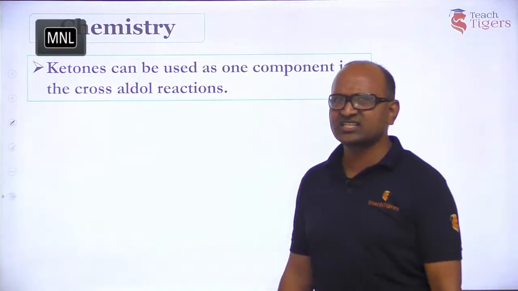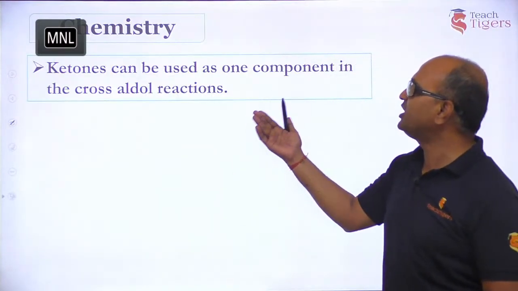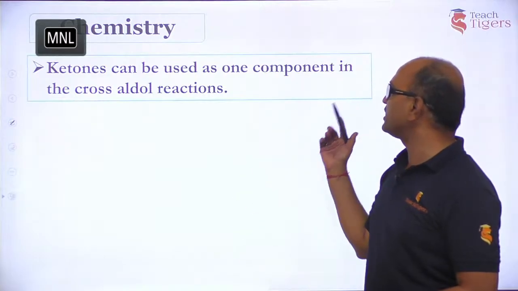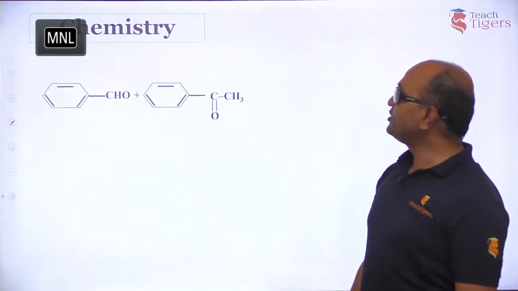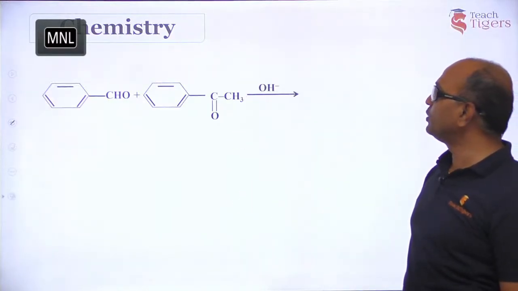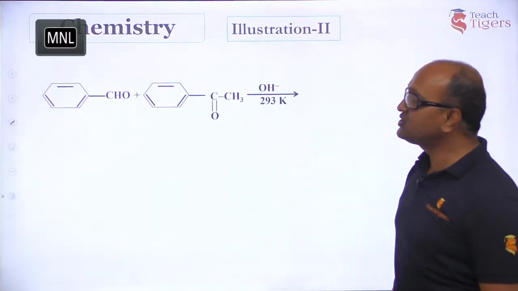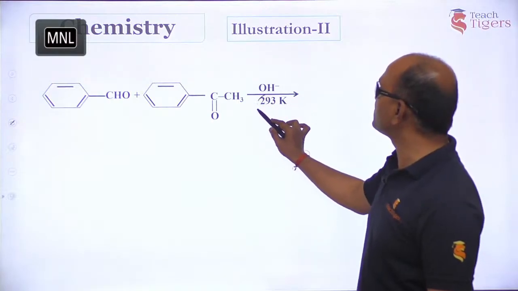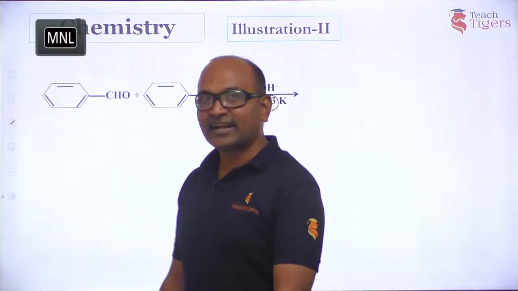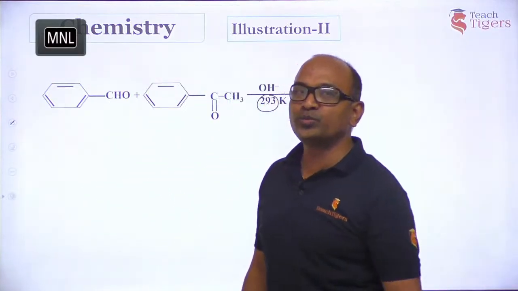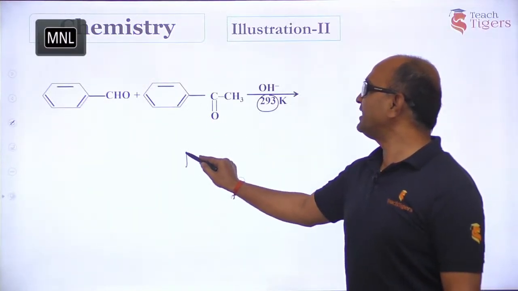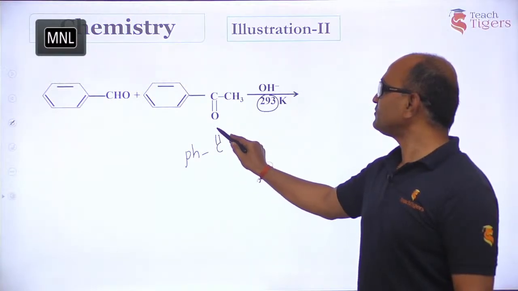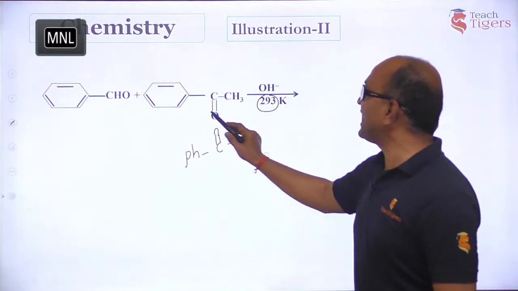Guys, I've just discussed aldehydes, but in fact ketones can also be used as one of the components in the crossed aldol. So now can you see this is going to form an enolate, right? Now see the temperature there, I've just used 293, right? The reaction is carried out at room temperature. You need not heat this, right? So the enolate is this, which attacks this.